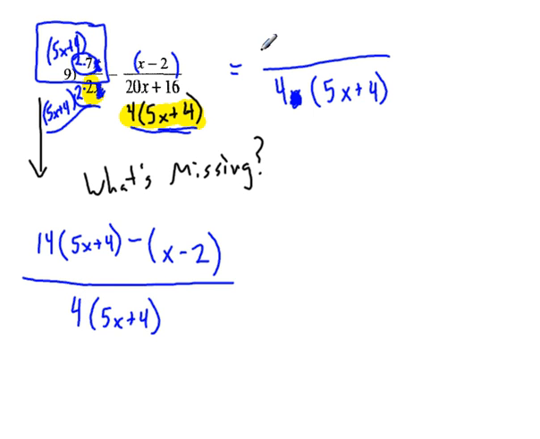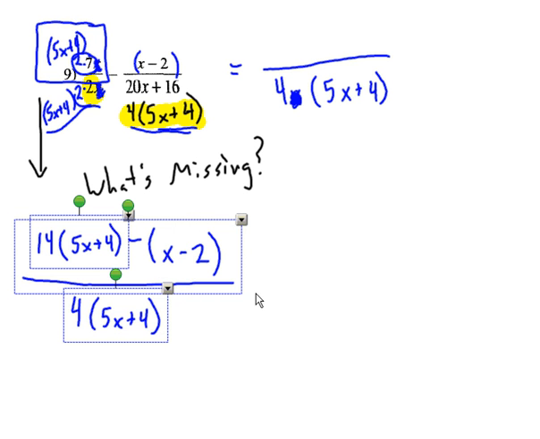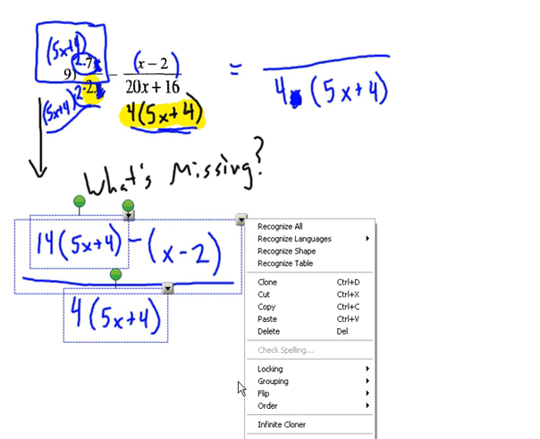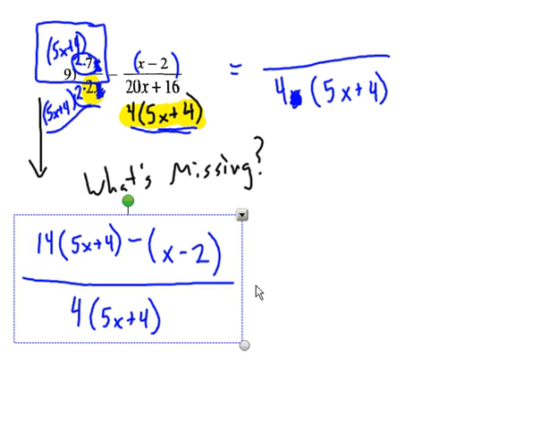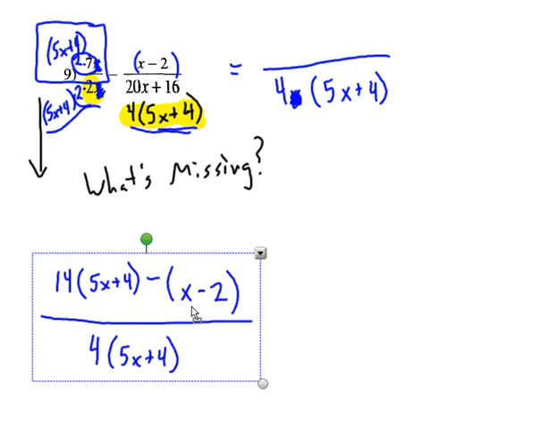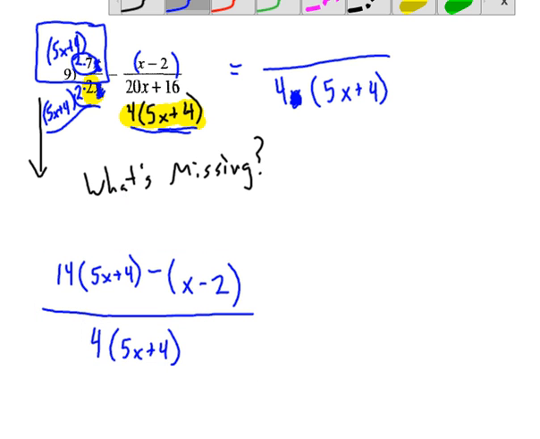Now you can imagine what I'm going to have to do right here is to simplify all that down. Group those again so I can move them down. All right, so 14 times 5. That's 50 plus 20, which is 70x, plus 14 times 4, which is 40 plus 16, which is 56. Distribute your negative, and now I need to combine my like terms.